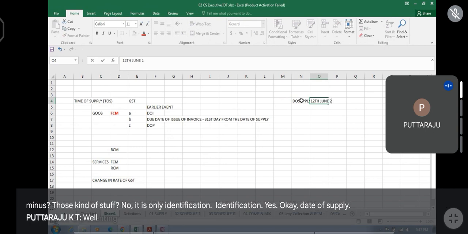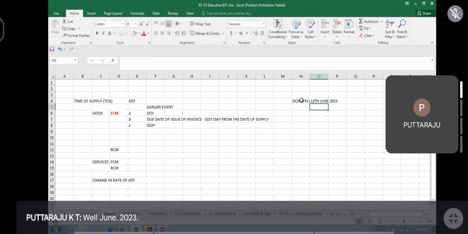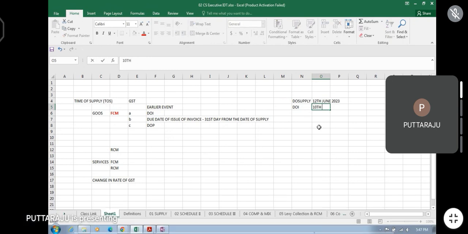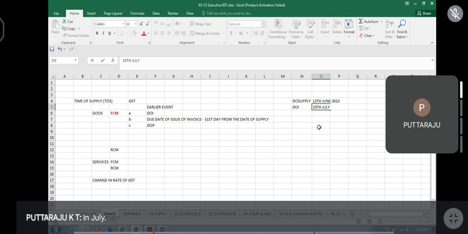Identification. Okay. Date of supply, 12th June 2023. You have made a supply on 12th June 2023. You issue the invoice, date of invoice, 10th July. Date of payment, you receive the payment on 3rd August.